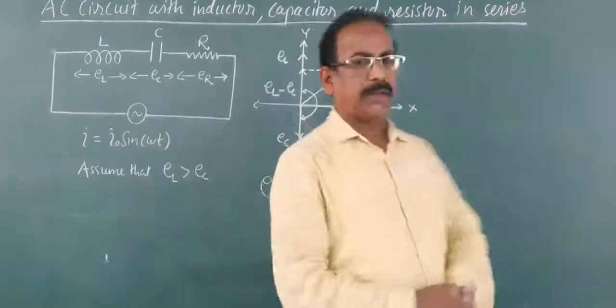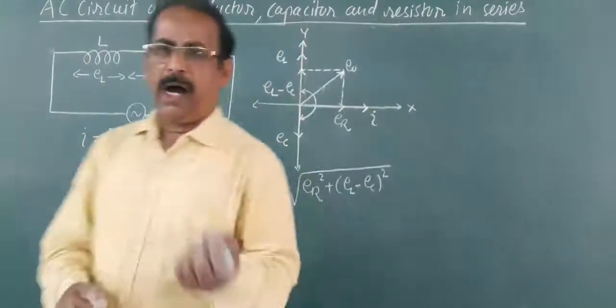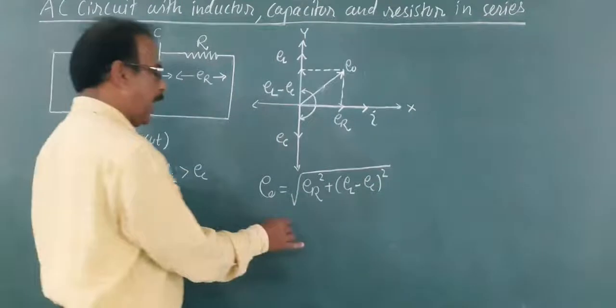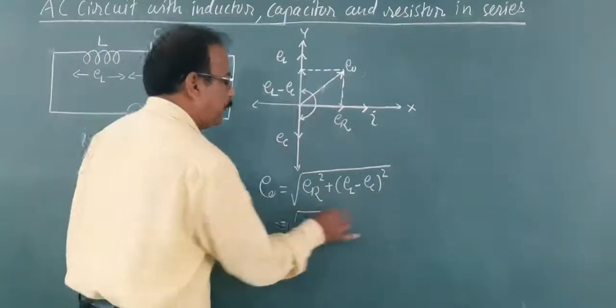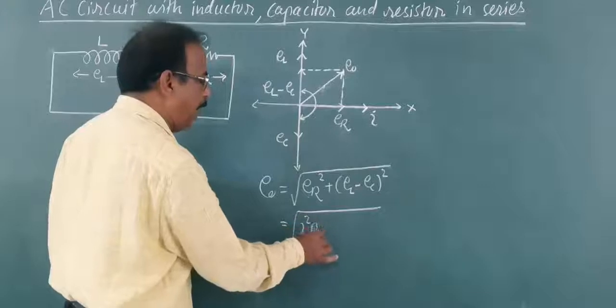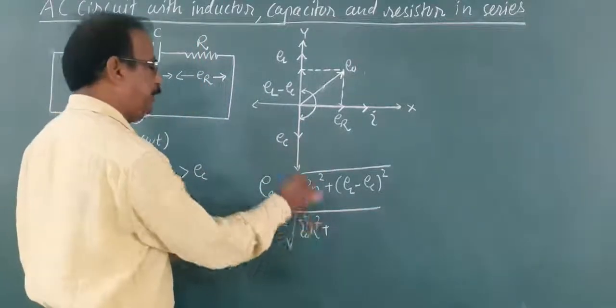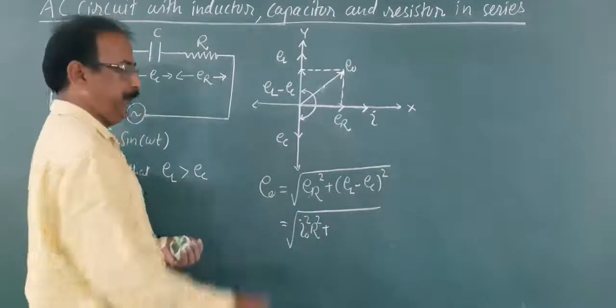This ER we can write as I0 into R. Therefore, ER square you will get as I0 square into R square.